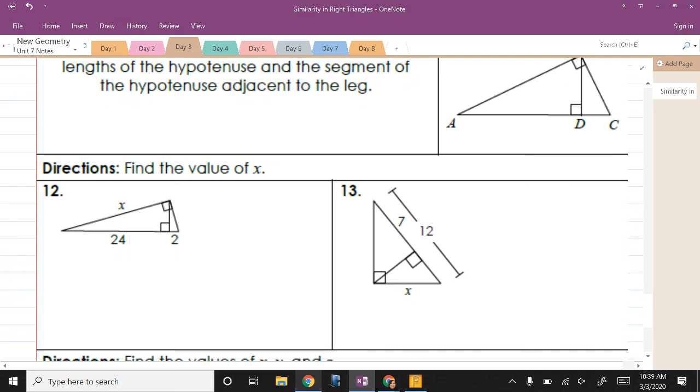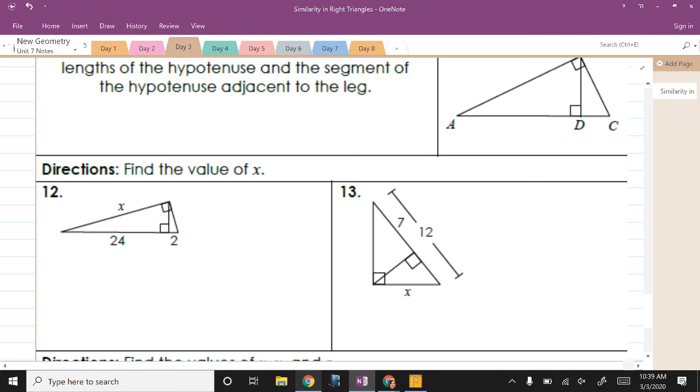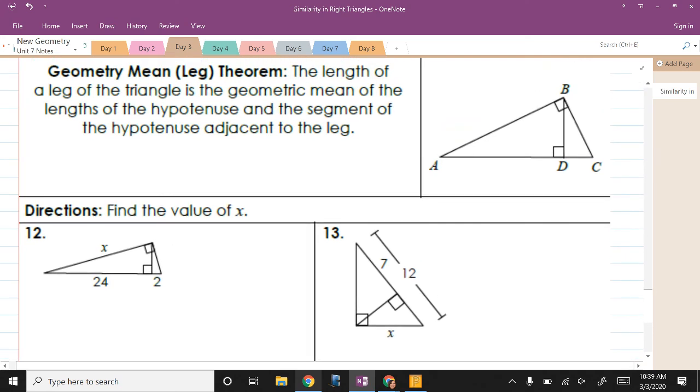The leg theorem. So, for the leg theorem, look at this triangle right here. AB is a leg, is it not? AB is a leg of the big triangle. So for the leg theorem, you take the leg, AB, and you're going to square it. You're going to set it up like a geometric mean again. And this time you're going to multiply by the adjacent part of the hypotenuse, and the whole hypotenuse.